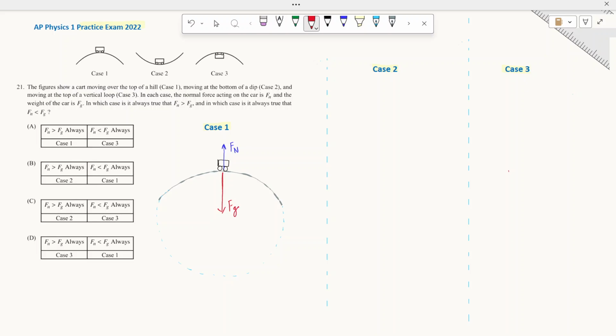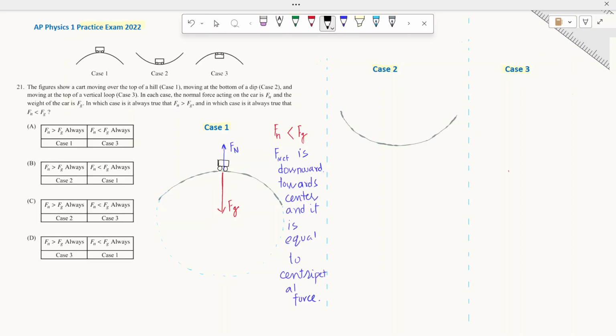So this is the case in which the normal force is always less than the force of gravity, because the net force is downward towards the center, and it is equal to the centripetal force.